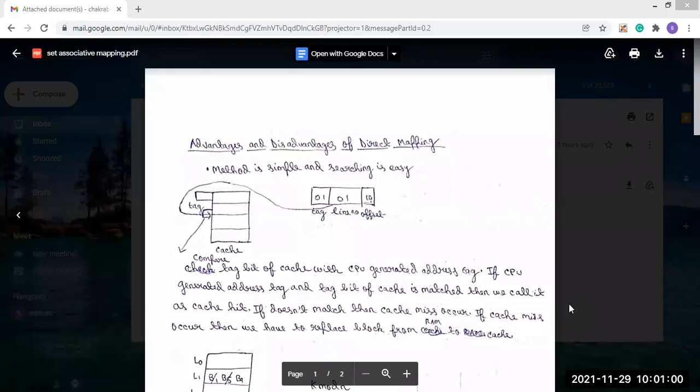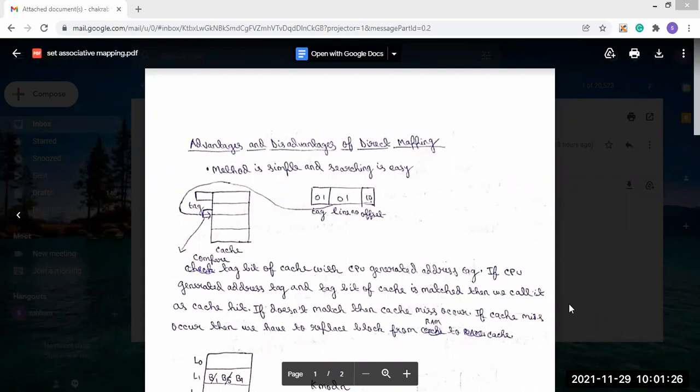In the previous class, we discussed how direct mapping can be done in the cache, and the cache replacement policies. We have seen the cache mapping techniques. Three cache mapping techniques are present: direct mapping, set associative mapping, and k-way set associative mapping.